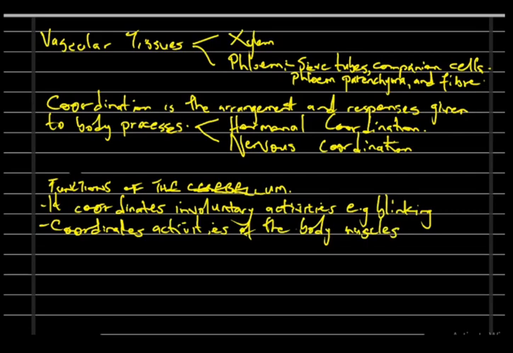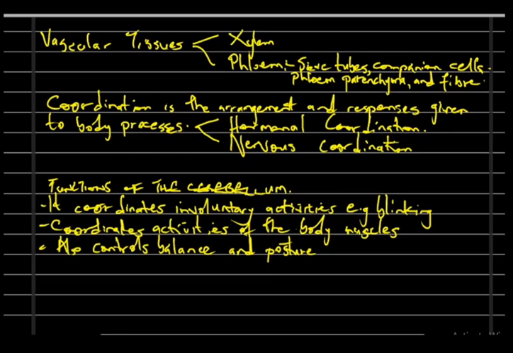Also, it is responsible for controlling balance and posture. Those are some other activities carried out by the cerebellum. I will not want to bore you with too much talk, so these are some of the things that it does.